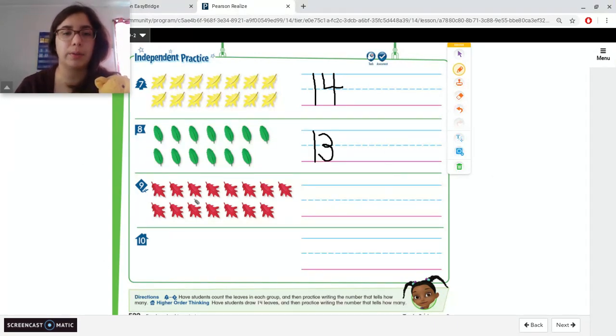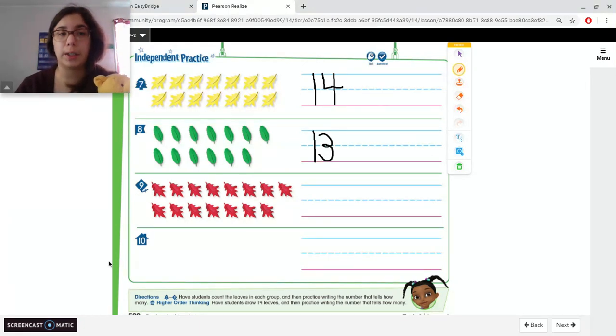Now we need to count the number of red leaves that we see. If we're learning about 13, 14, and 15 today, what number do you think it is? I want you to tell a friend. So let's count our leaves to find out. I want you to start counting when I say go. Ready, go. Let's count to double check how many leaves we got.